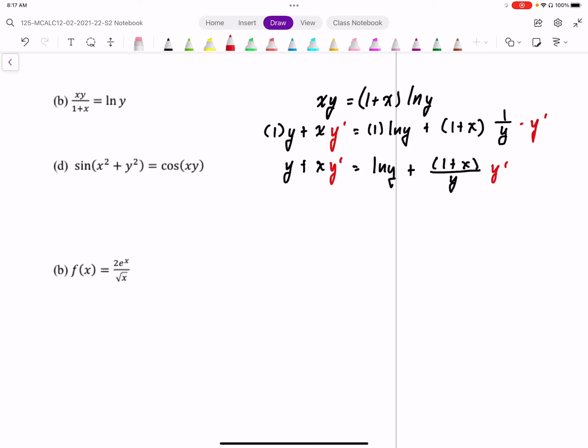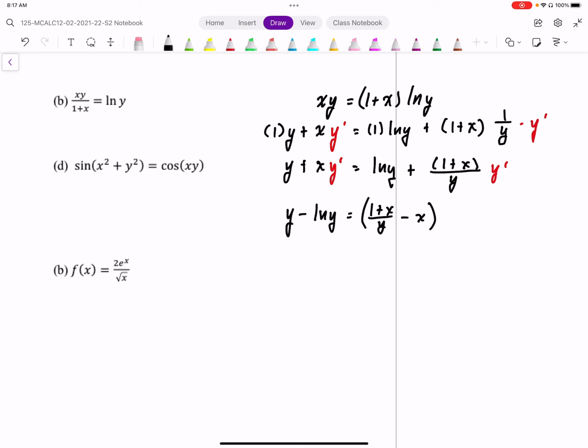Okay, so then grouping together our terms, I'm going to move the log y to the other side. So I end up with y minus log y, and that's going to be equal to 1 plus x over y minus x.